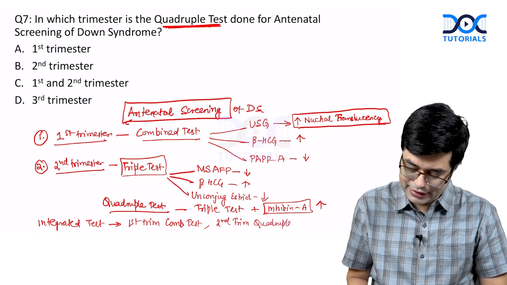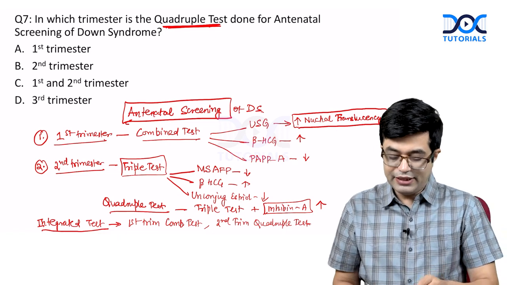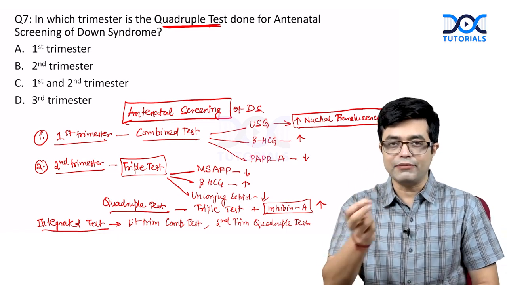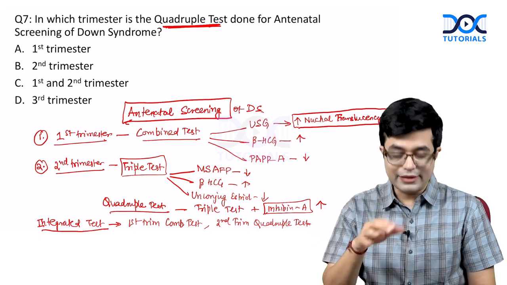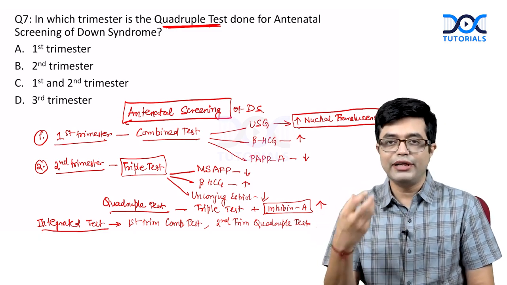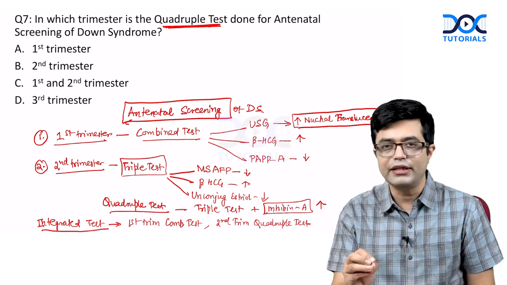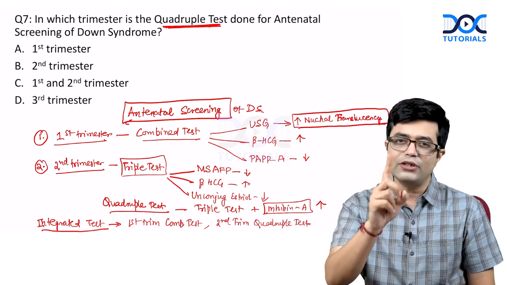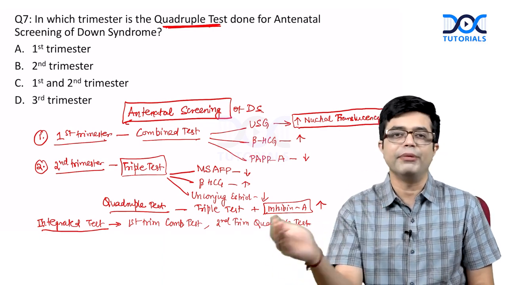The only catch here is when you do an integrated test, beta HCG is being tested 2 times, first trimester also, second trimester also. And this is actually not needed. So in vast majority of patients, if we are doing integrated test, we should do beta HCG only once. So either in first trimester or in second trimester, we will be omitting it out.